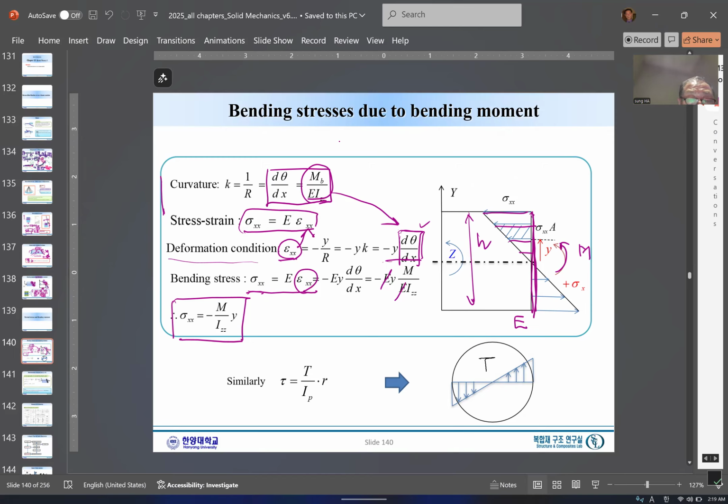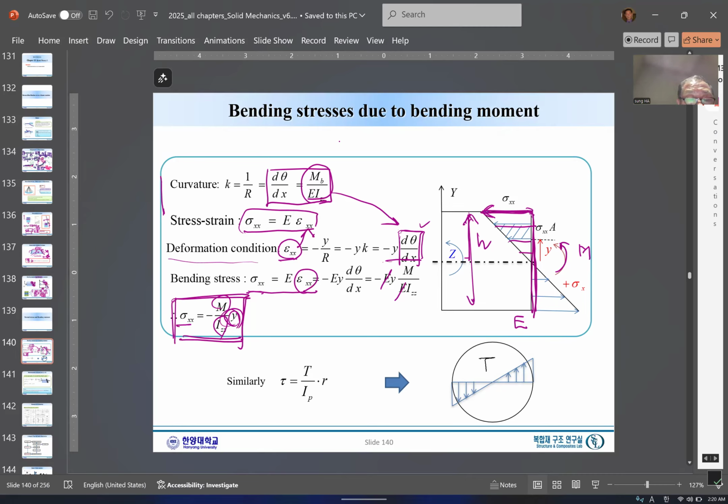That is the equation: the moment, the bending moment of inertia, and y. So y, this is a maximum. What you need to do is just put this height in y here, and that's the stress we get.